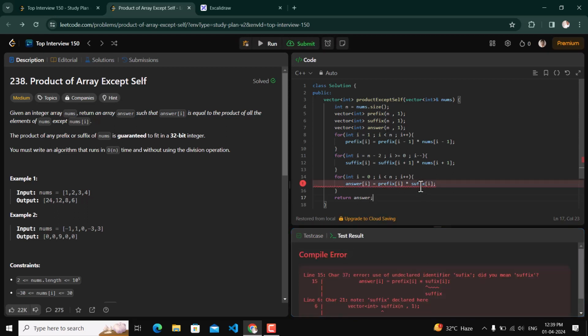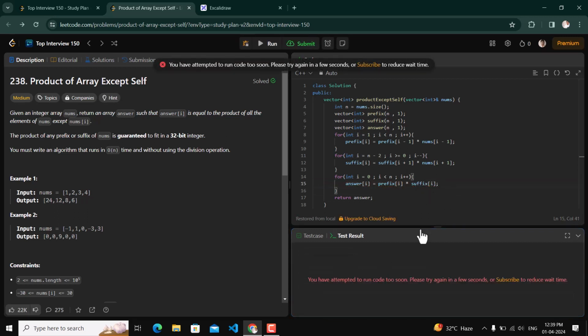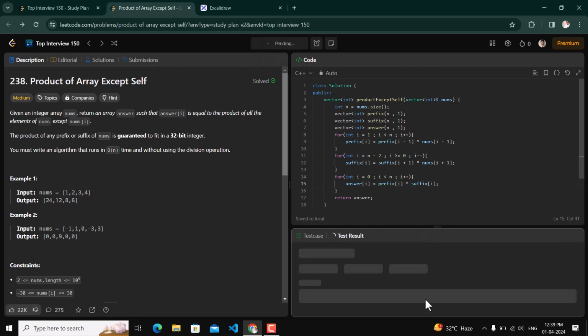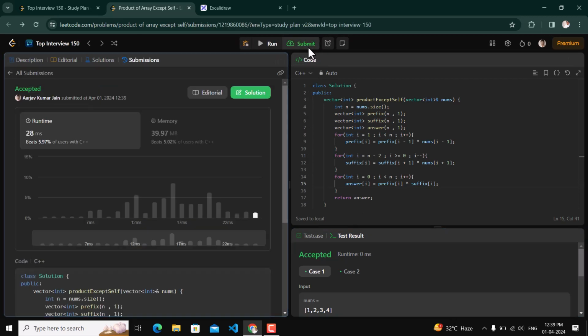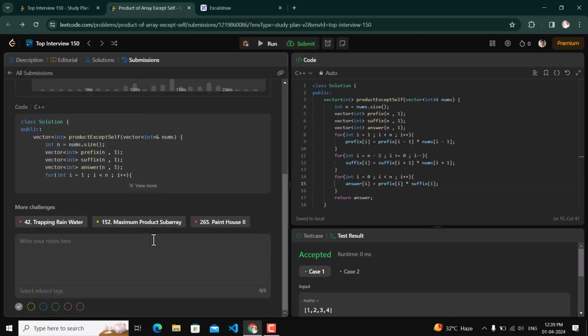Oh, suffix has a spelling mistake, my bad. Let's run this. So it is accepted. Now we can submit. It is submitted successfully.